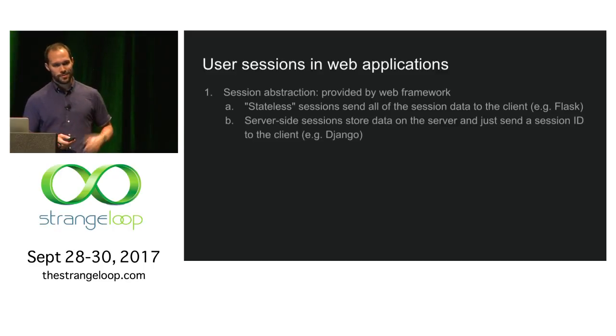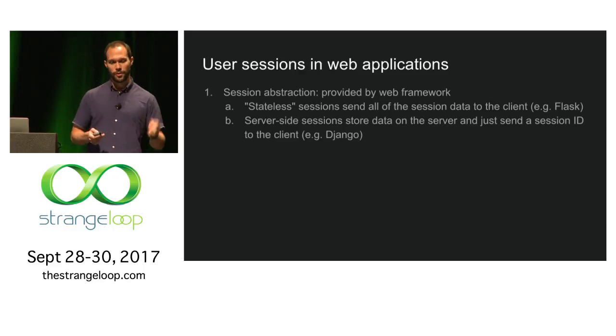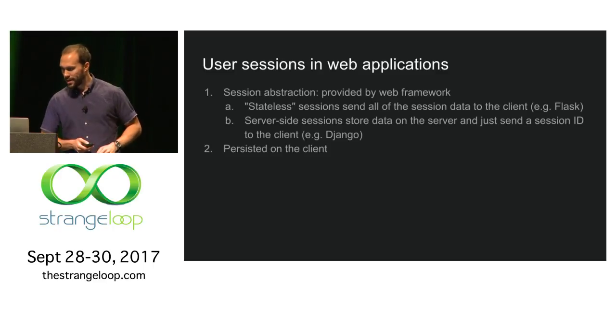There are also server-side sessions, which are very, very common, where you store all the data on the server, and that avoids the size limitations of cookies. And then you just send the client a little session identifier. For example, this is what Django does by default.